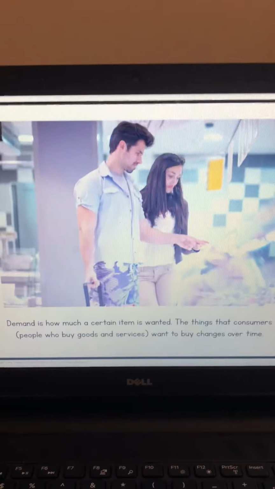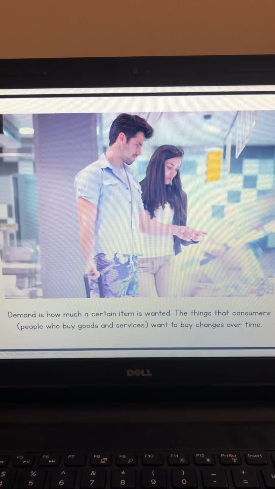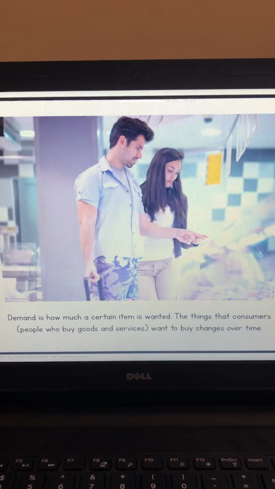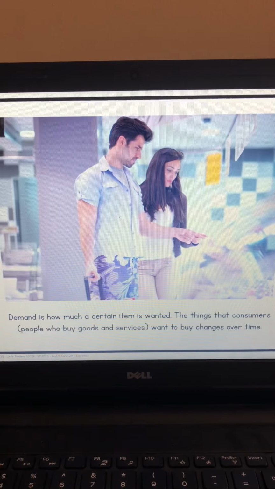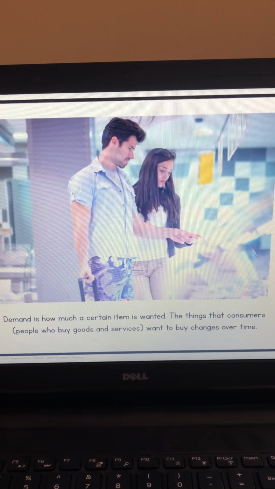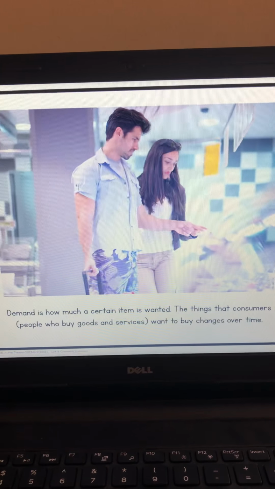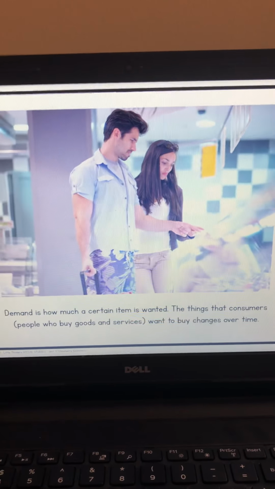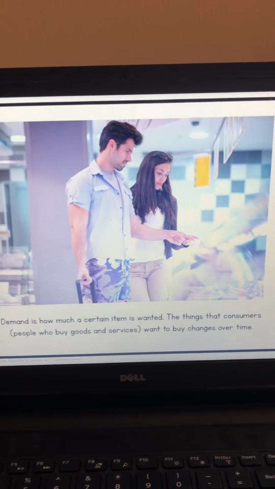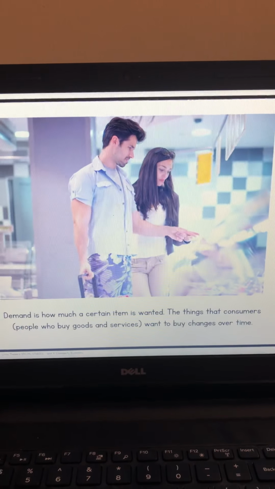Demand, so we just talked about supply. Demand is how much a certain item is wanted. So what that means is how much you want something. Take this for example. Pretend a new iPhone came out, like the iPhone 12.